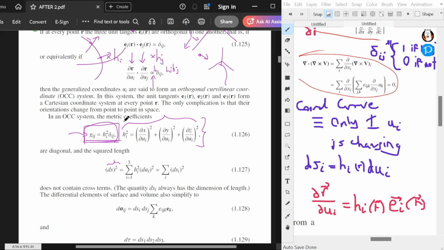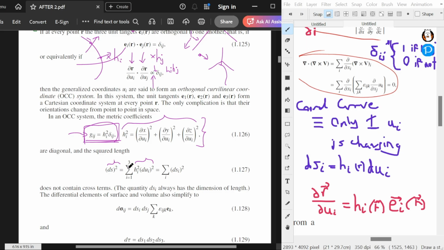In an OCC system, the metric coefficients of this are diagonal. I don't know what that means yet. And the squared length does... Okay. Yeah, I see. The squared length does equal the stuff squared, summed from i equals 1 to 3.